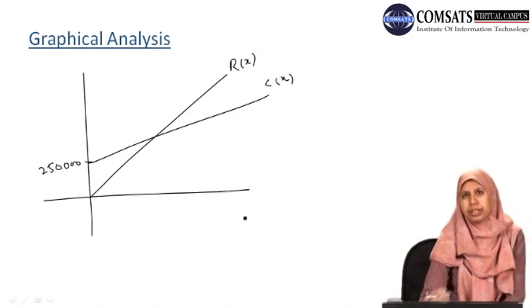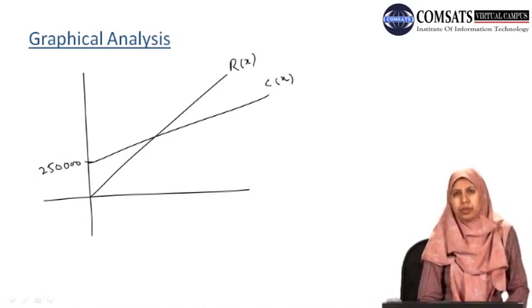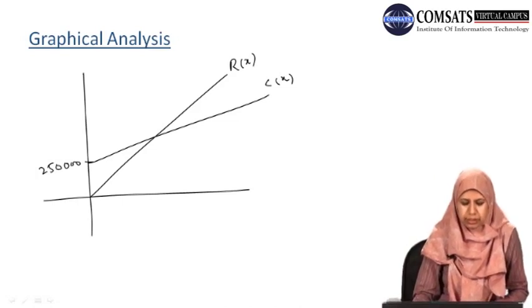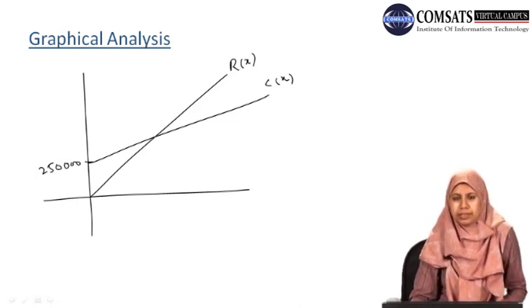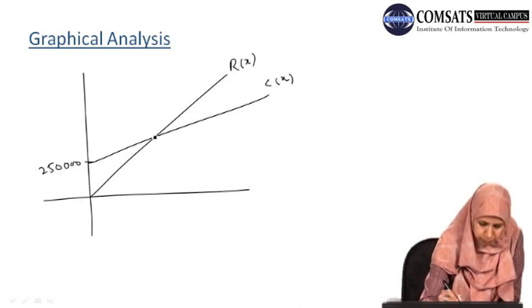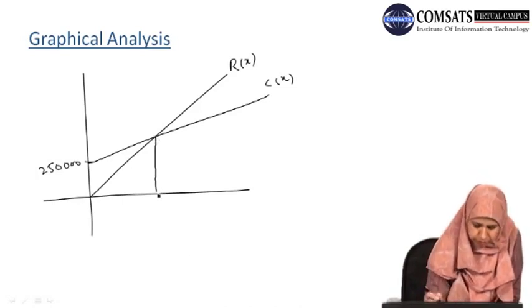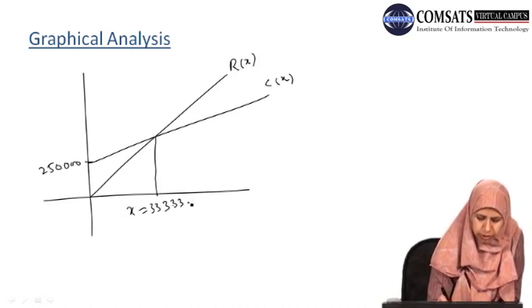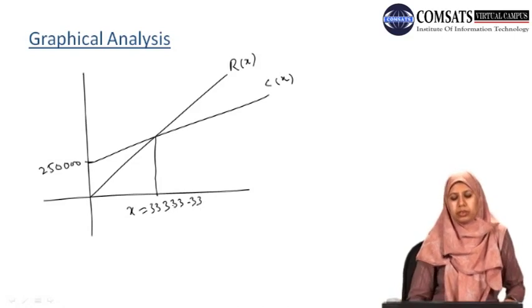Now we have two straight lines, and we want to find the break-even point, that is graphically the point where both the lines intersect. This is the point where both the lines intersect, that is the value of x, which is equal to 33,333.33 units.